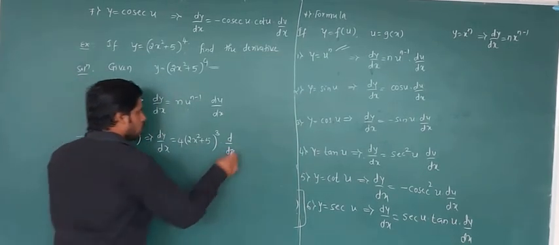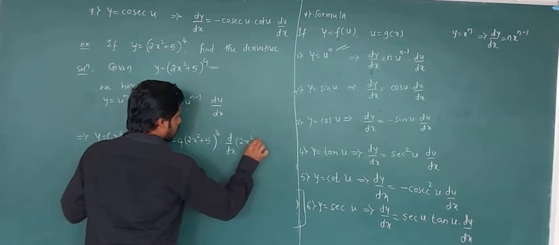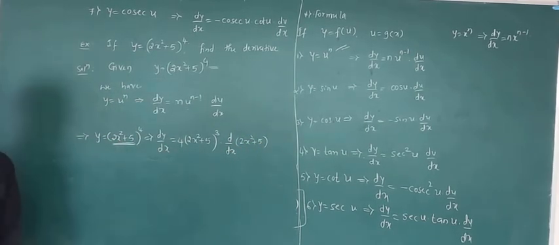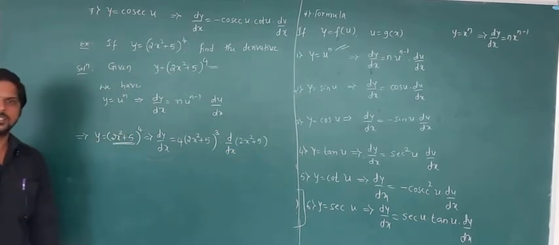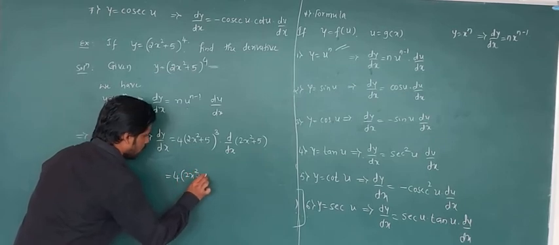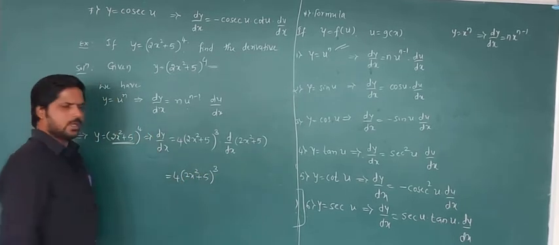We have 2x square plus 5. This is our u function. So this implies 4 into 2x square plus 5 whole cube.